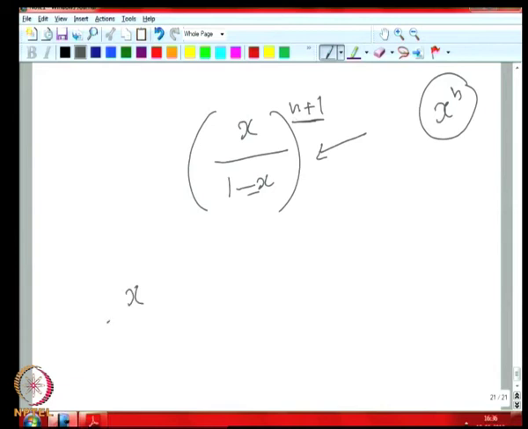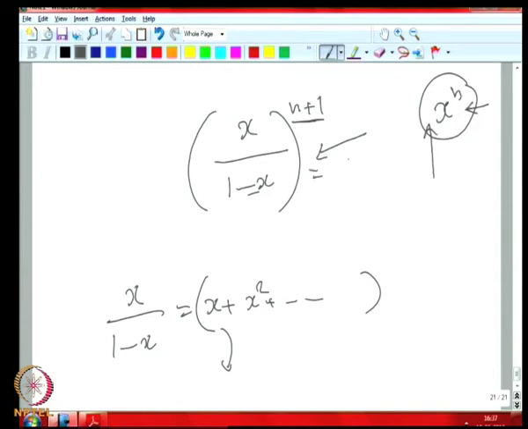Each of these x by 1 minus x is of the form x plus x square plus so on, and each is contributing at least 1 x. So if there are n plus 1 such things, the smallest power of x in the product has to be n plus 1. It is not possible to have x raised to n there. So the coefficient of x raised to n in the expansion of this is going to be 0.